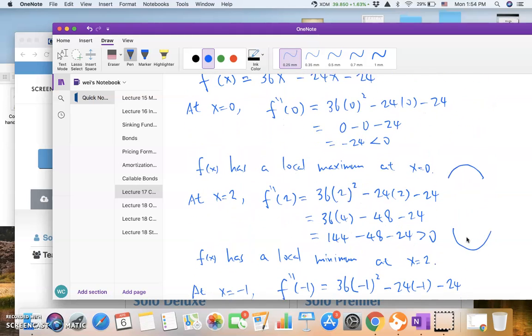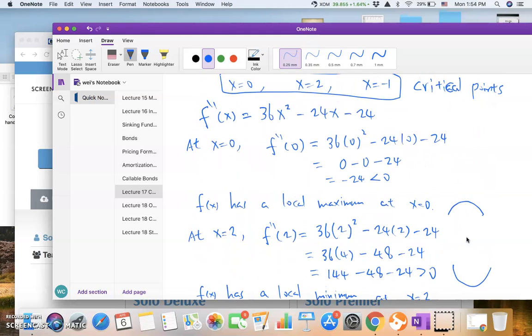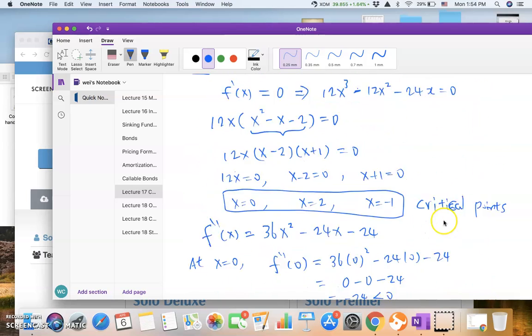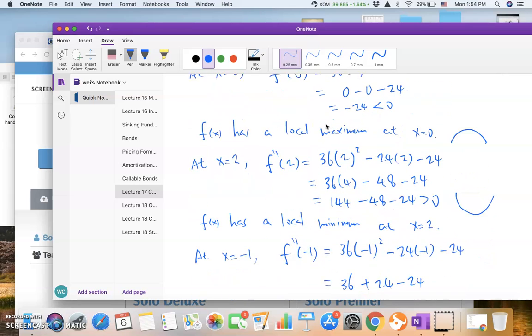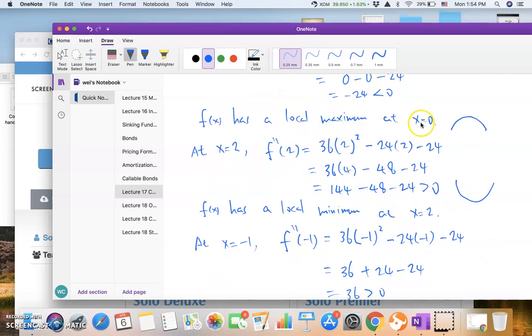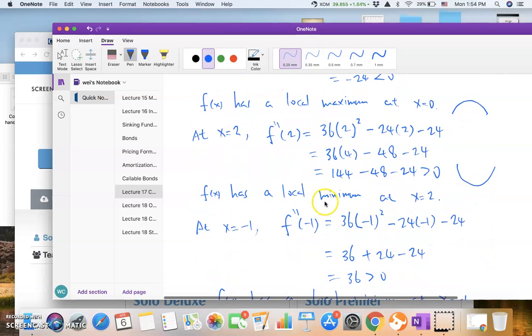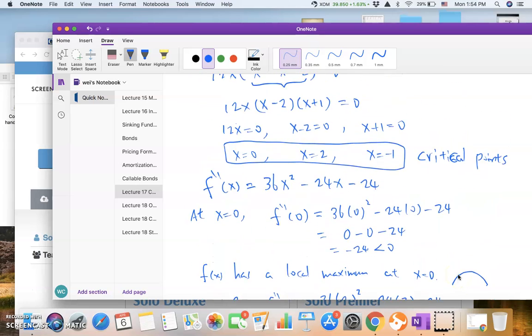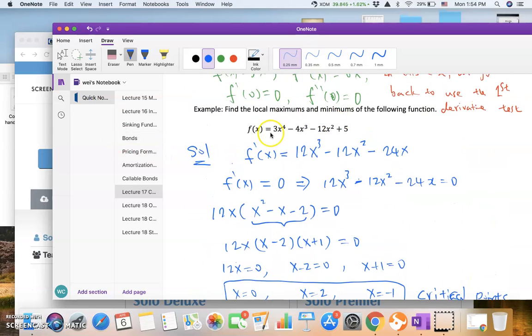Okay. So according to the second derivative test, the function has a local maximum at 0, and it has a local minimum at x equals 2 and x equals -1. Let us verify this result.